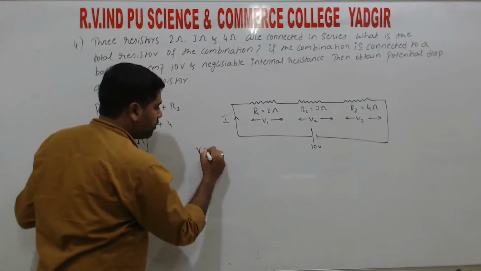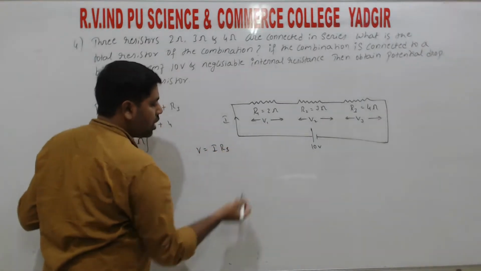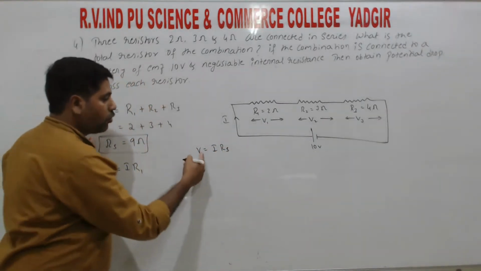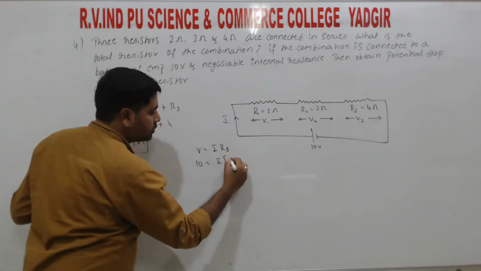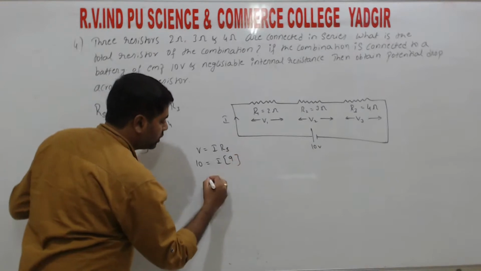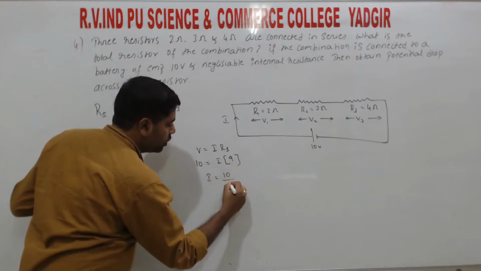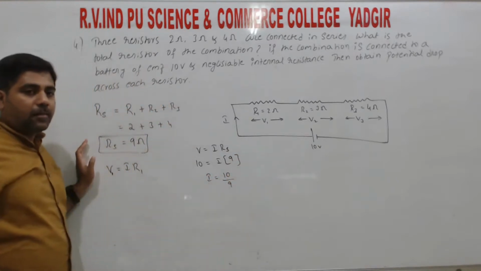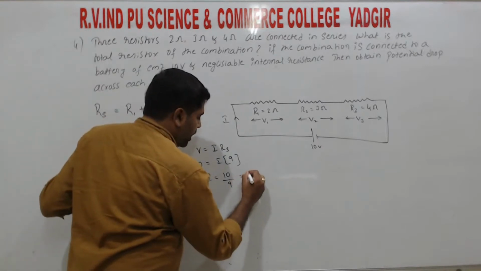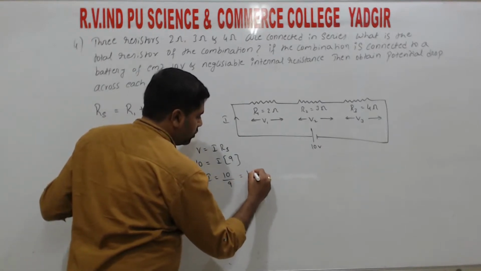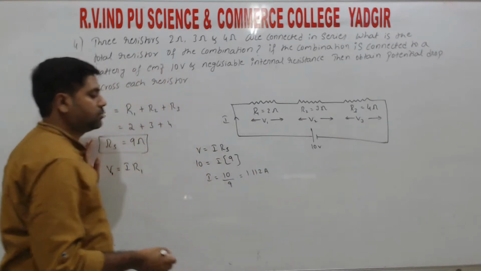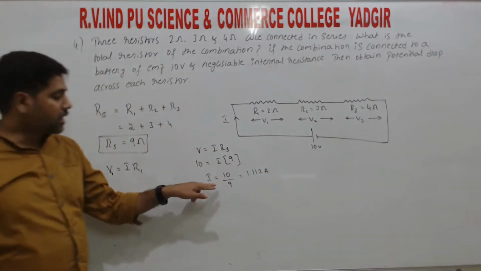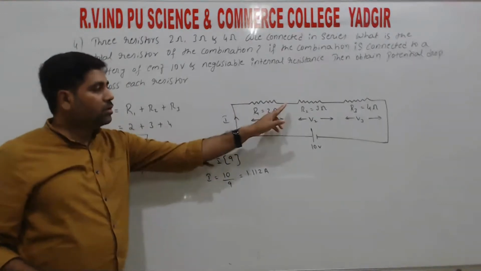From Ohm's law, V is equal to I RS. So the voltage, that is 10, is equal to I into RS, whose value is 9. So I is equal to 10 divided by 9, which is 1.112 amperes. This is the current flowing through the circuit.